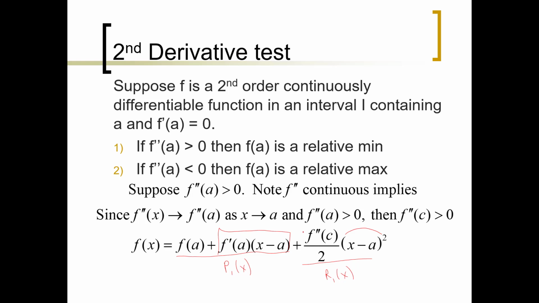And I know if x is near a, that this is positive anyway. So this term is positive. So I'm taking f of a and I'm adding something positive. It's clearly then greater than or equal to f of a. This then shows that if x is near a, then f of x is more than or equal to f of a. So f of a must be a relative min.